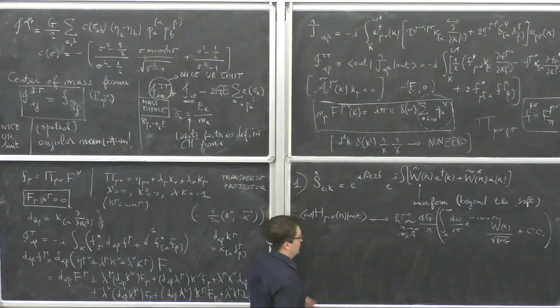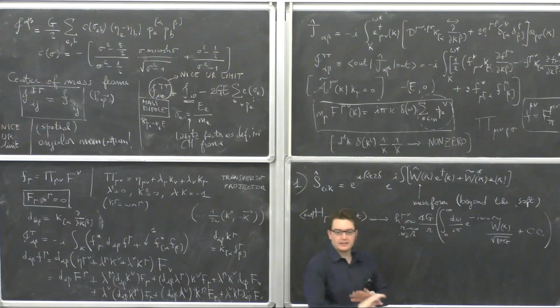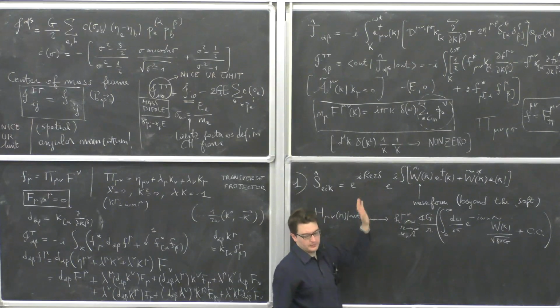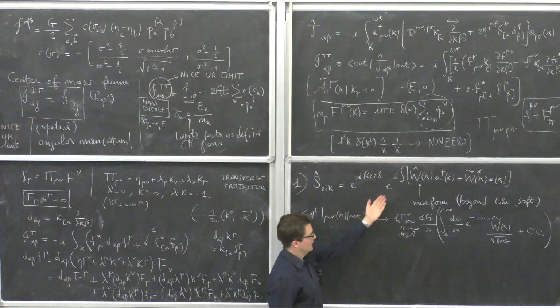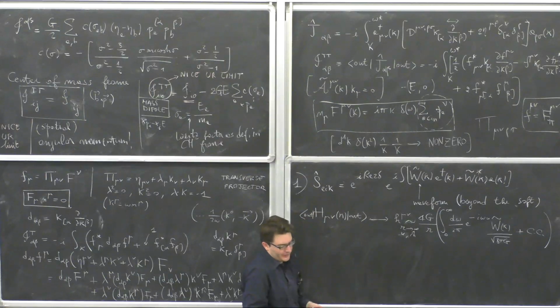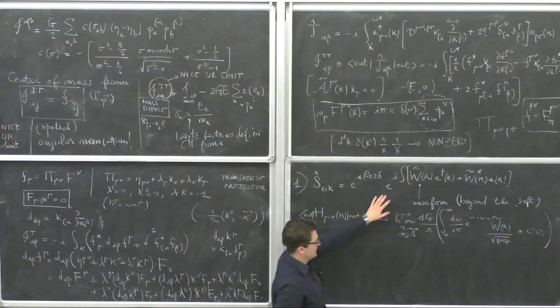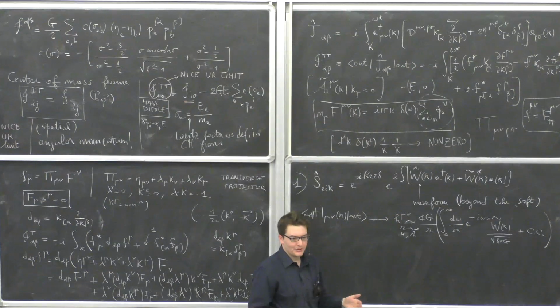And of course, now the way in which you fix W is exactly the same way in which we had fixed delta 0 and delta 1 in the first lecture. You try to match to the amplitude and check that the exponentiation holds order by order in the loop expansion. So in this sense, this is not a proof. This is a working hypothesis that you can then check order by order in perturbation theory.